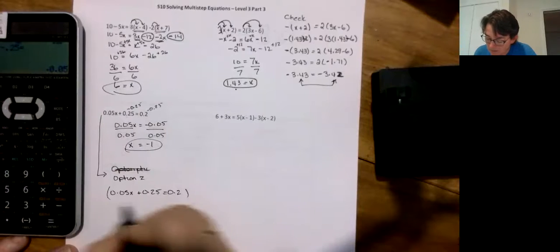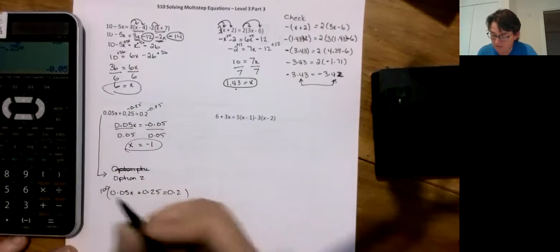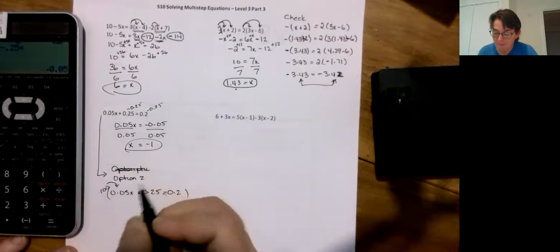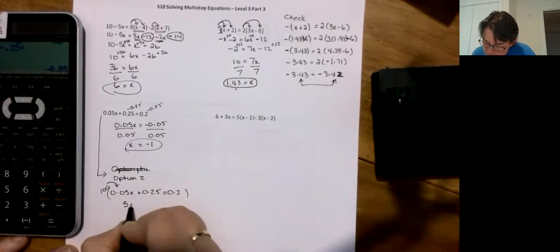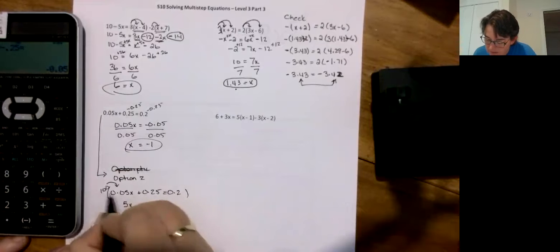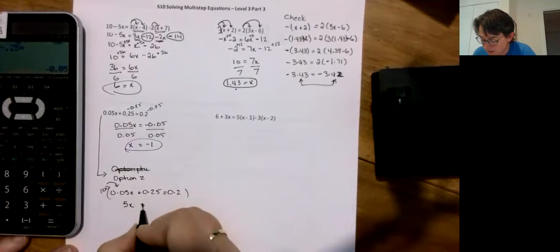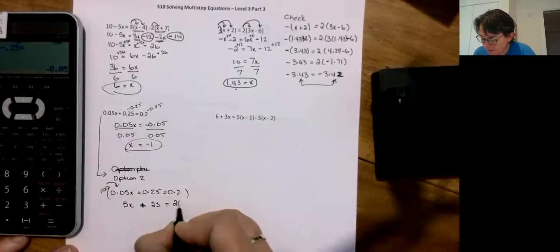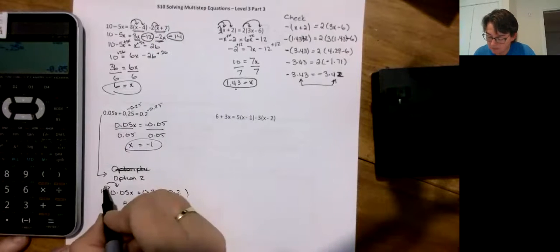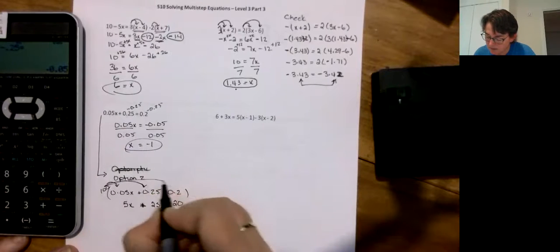And you can multiply everything through by 100, distributive property. Now 100 times 0.05 is going to give you 5x. 100 times 0.25, oopsies, is going to give you 25. And that's going to give you 20. So multiply each one of these through.